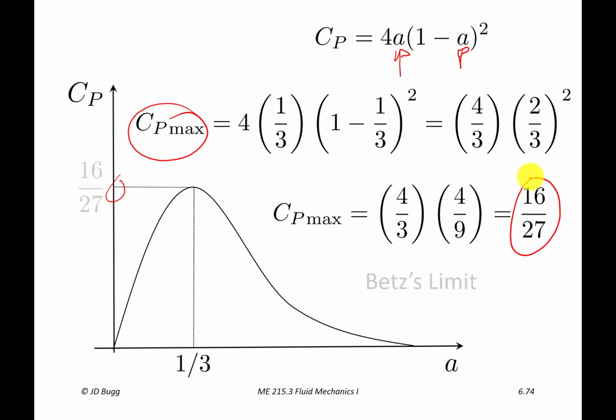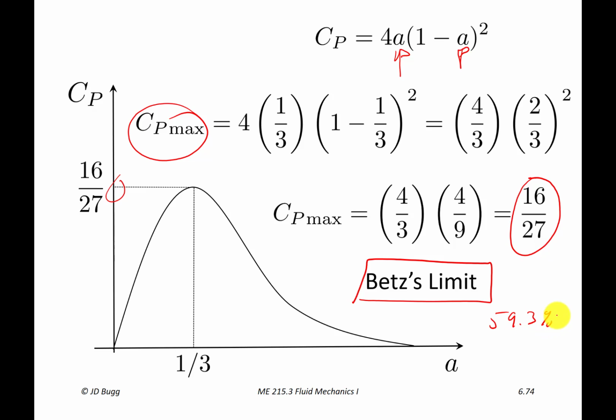So that is the maximum possible CP, or the maximum possible efficiency of a wind turbine, and that is known as Betz's limit. So it's impossible for the efficiency to be any bigger than that. 16/27 is 59.3%. So that's the maximum possible efficiency.